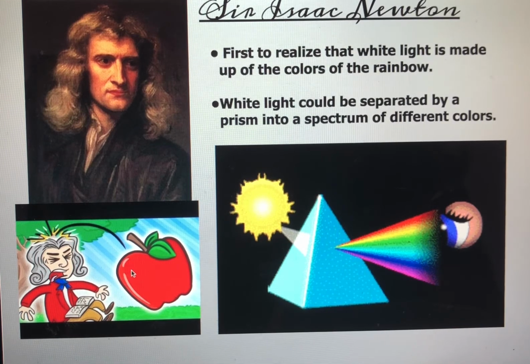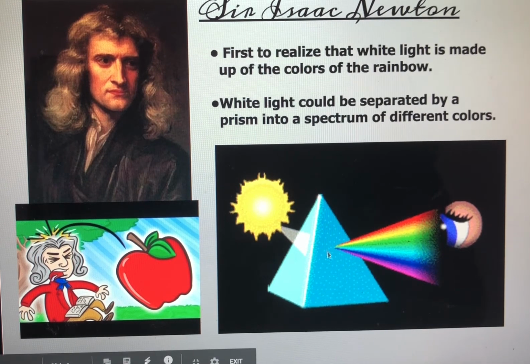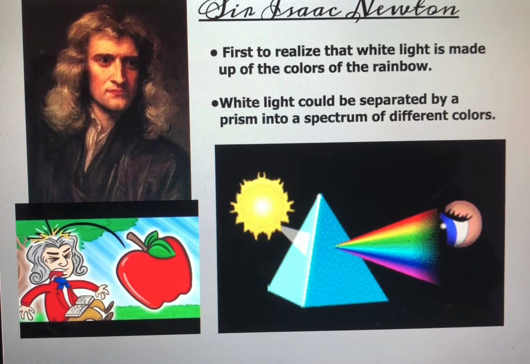He called it gravity, right? But something that he did for us artists is that he realized that when white light or sunlight passes through a glass or plastic prism, it breaks up into certain colors. He realized that white light isn't white, that it's actually made up of different colors, and that was very revolutionary.